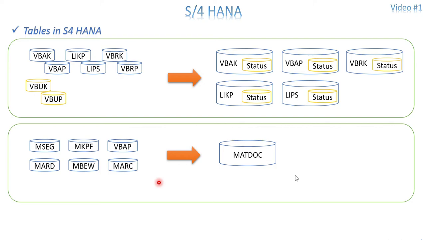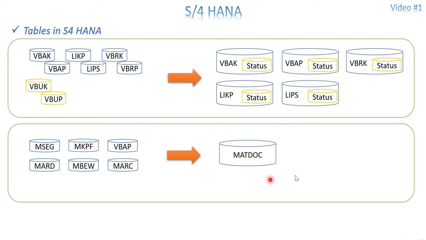MATDOC holds most of the relevant information on materials. It is a line item table, not an index table. I heard that almost 26 tables were converted into one table in S4HANA, MATDOC. This is for one simple business scenario, material information.